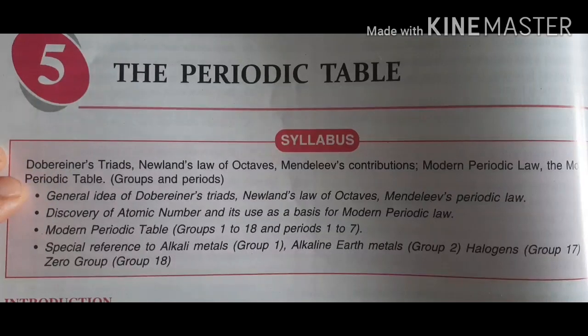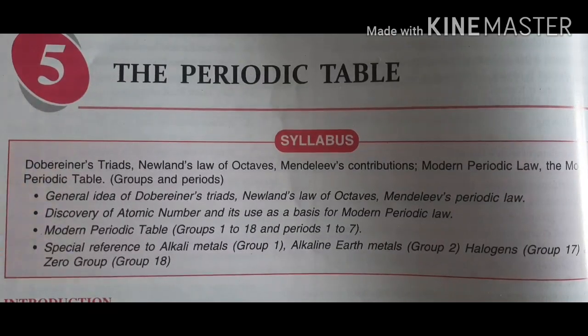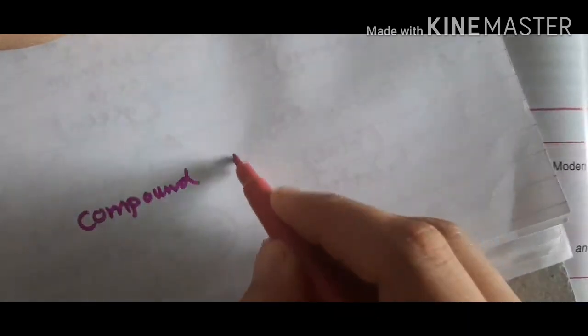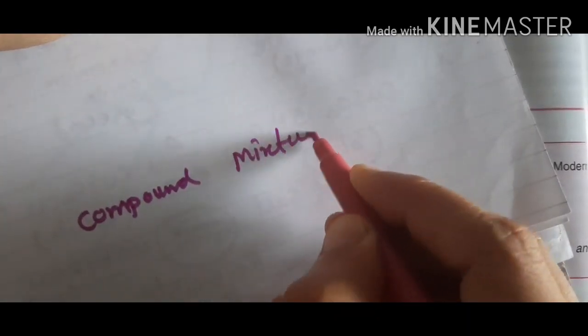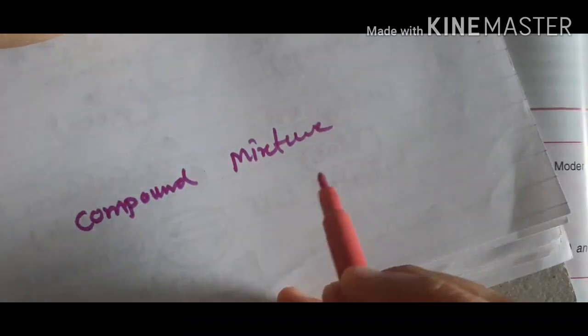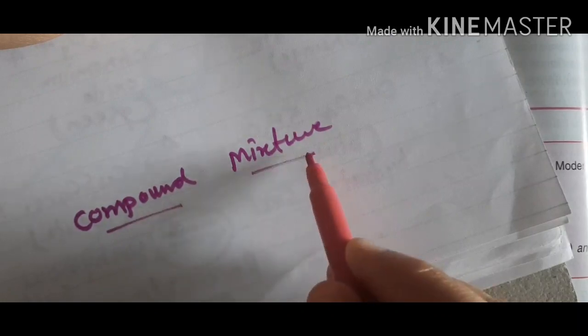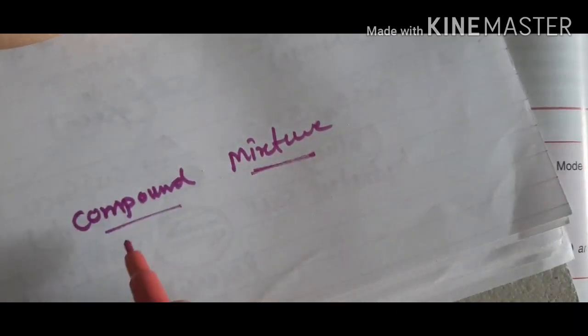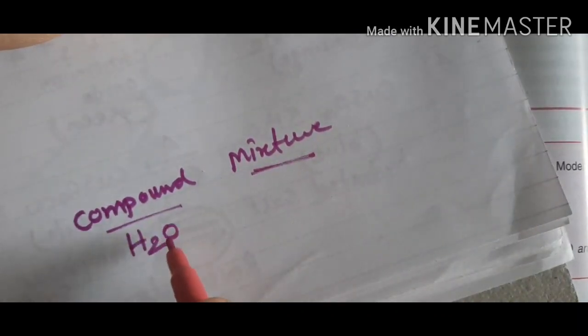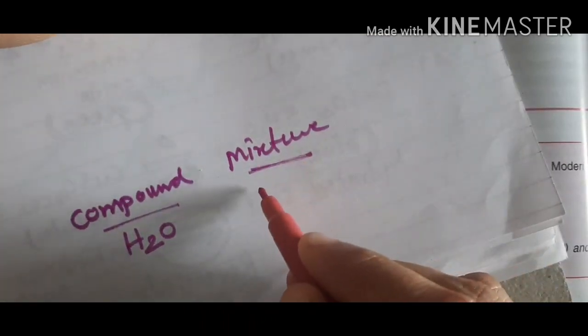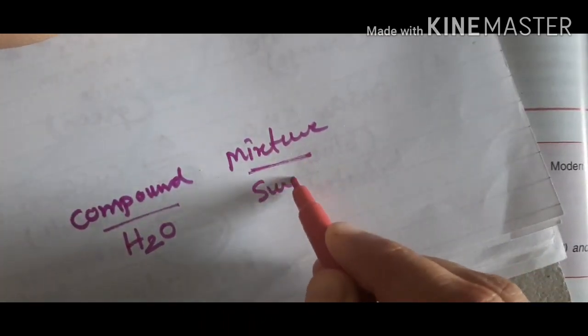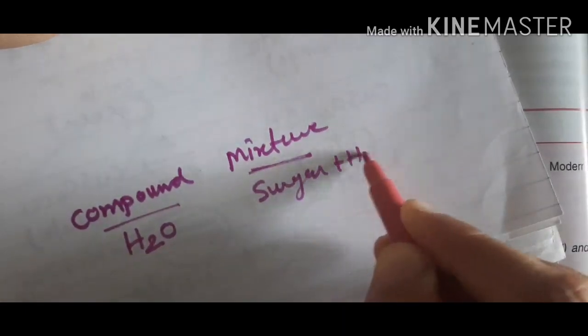So this is a new thing that you are learning. As we know, students, we learn many things about compounds and about mixtures. In 6th, 7th, 8th standard we learn about a number of compounds and mixtures, like H2O, or glucose, and sugar plus water.